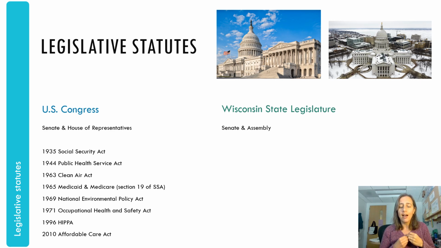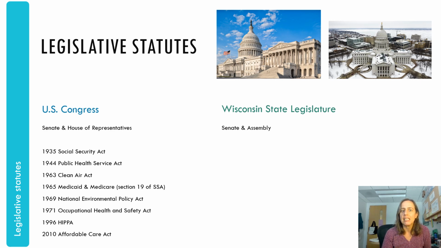But you also have a senator for the state legislature and assembly persons for the state legislature, which you may not have been aware of, but those people actually have a lot of power over how things work in your state. So these legislative bodies at both the state and the federal level can pass laws that have pretty big impacts on our lives and public health policy.